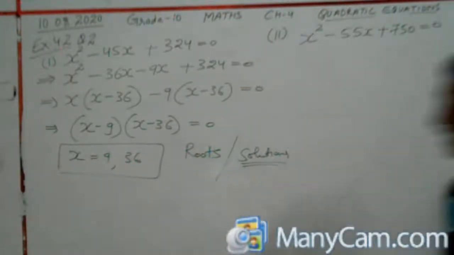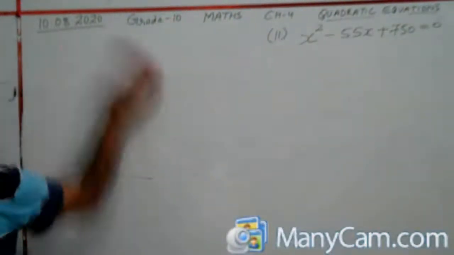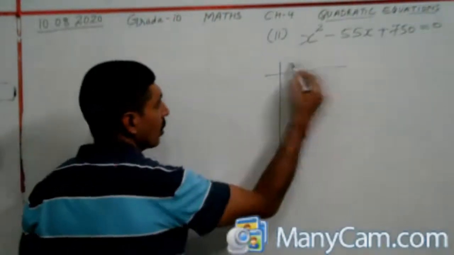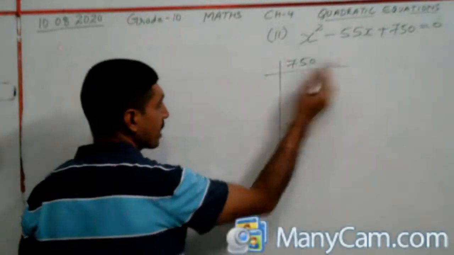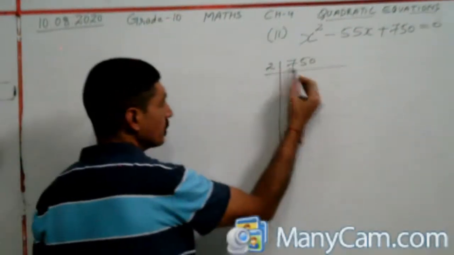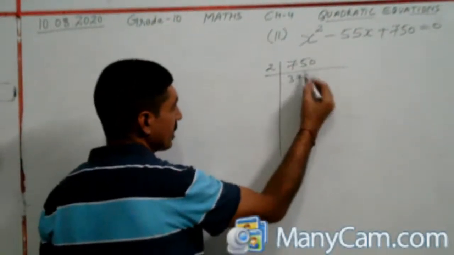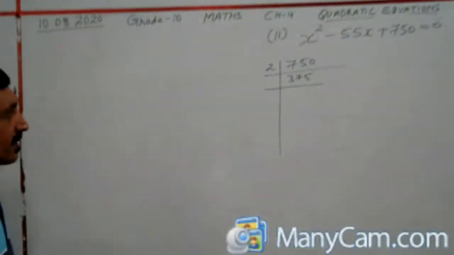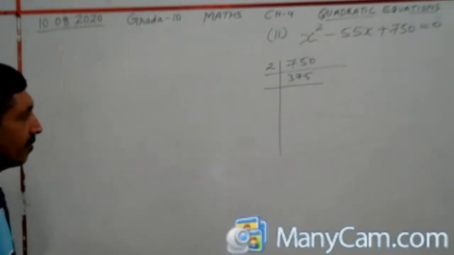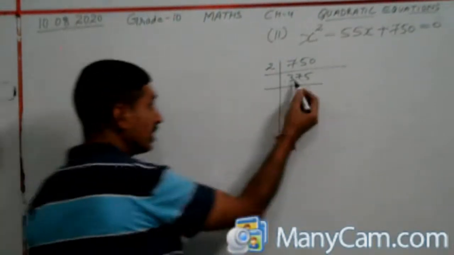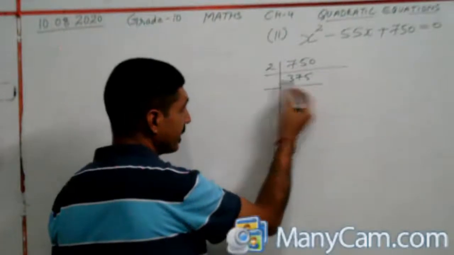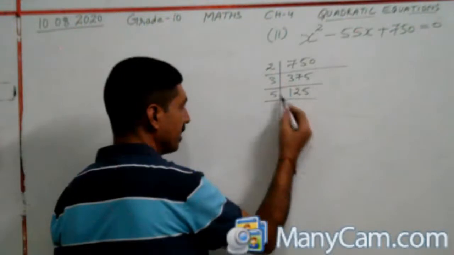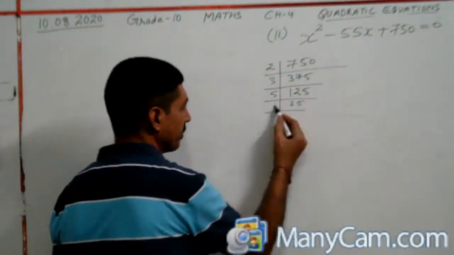In the same way, 750 is 2, 3 twos are 6, 3 and then 5 into 5 into 5.